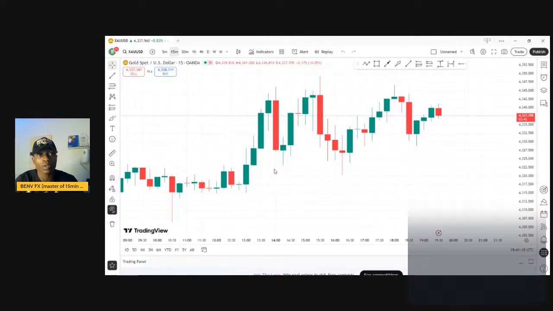I know how it works, especially on the 15-minute time frame. That one is purely my strategy. There is no question you ask me concerning bullish engulfing candle that I will not answer you. That's just the plain truth.